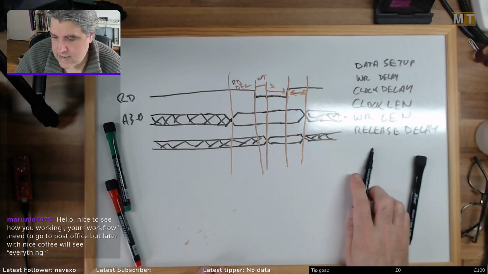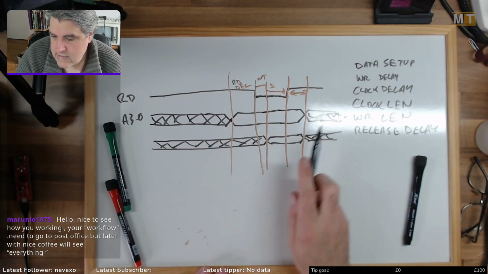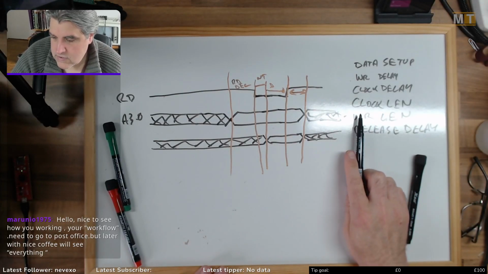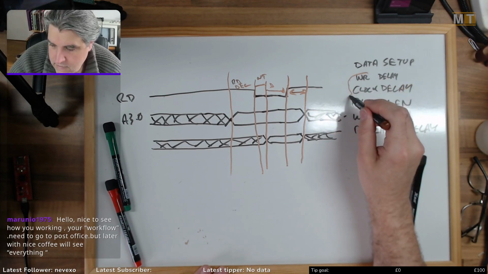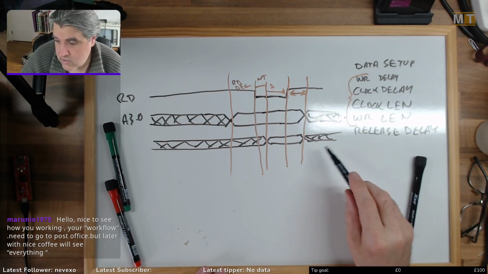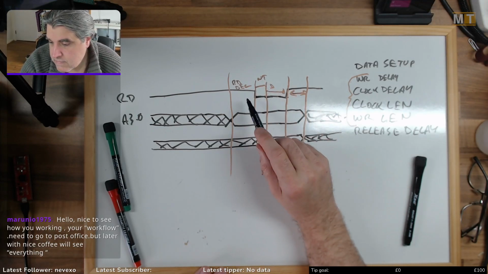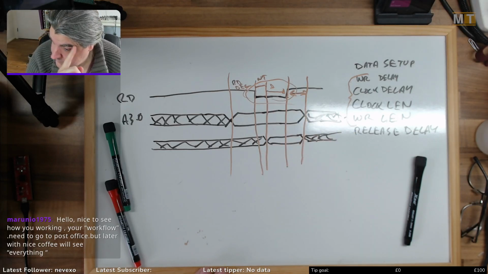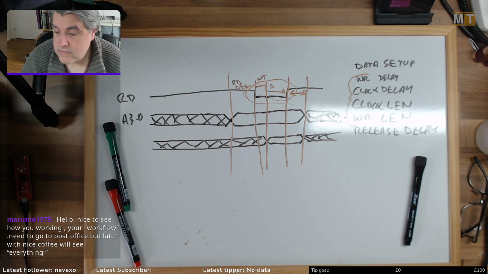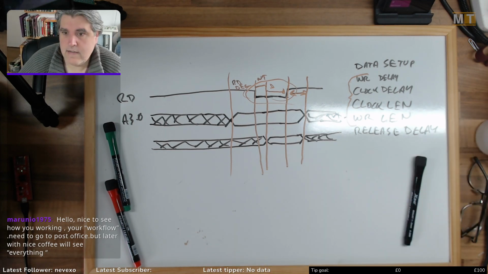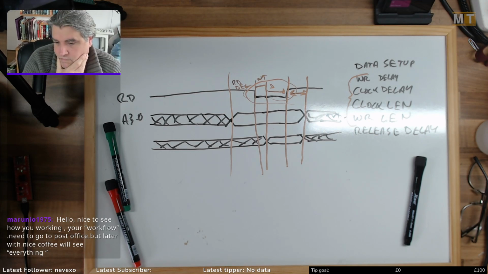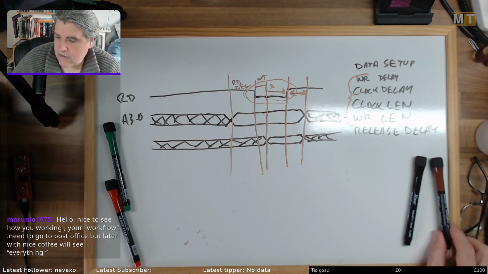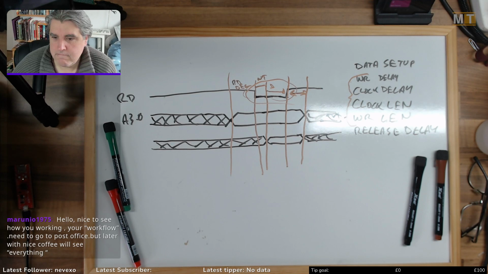That one can be the release delay. The read delay could be the write delay, which could then also still have these four are all incorporated into here, isn't it? Yeah, I think. So I think I can get away with just those 6. Maybe adding a few later as I think of them.